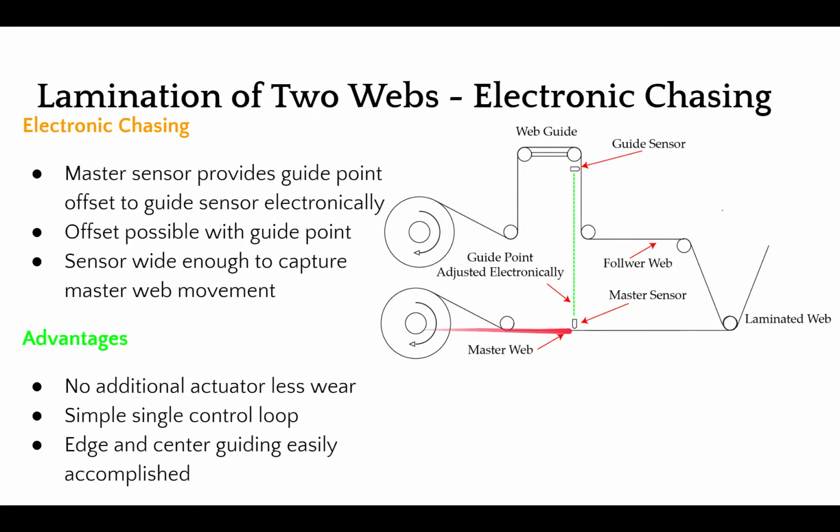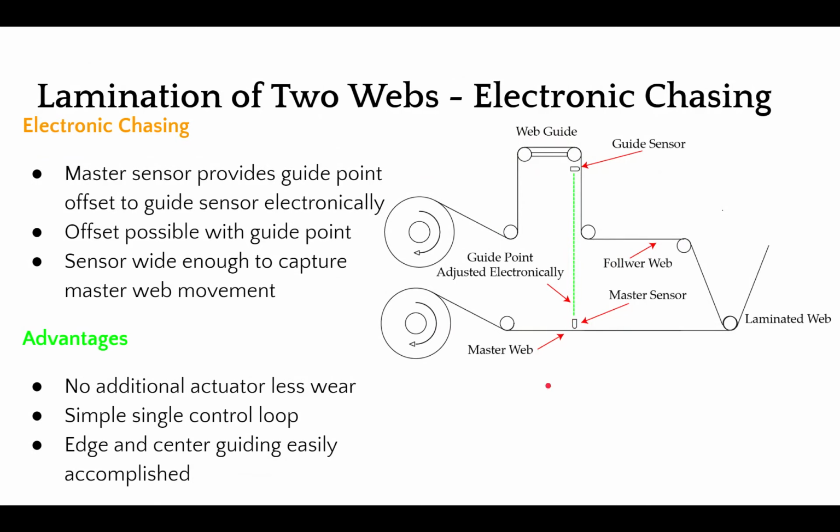So in this case, the master sensor is recording the web position of the master web, and whatever the variation that it is seeing here is sent as a feed forward signal for the web guide that is following the master web. So the web guide aligns the follower web to a guide point that is adjusted by the master sensor's feedback.